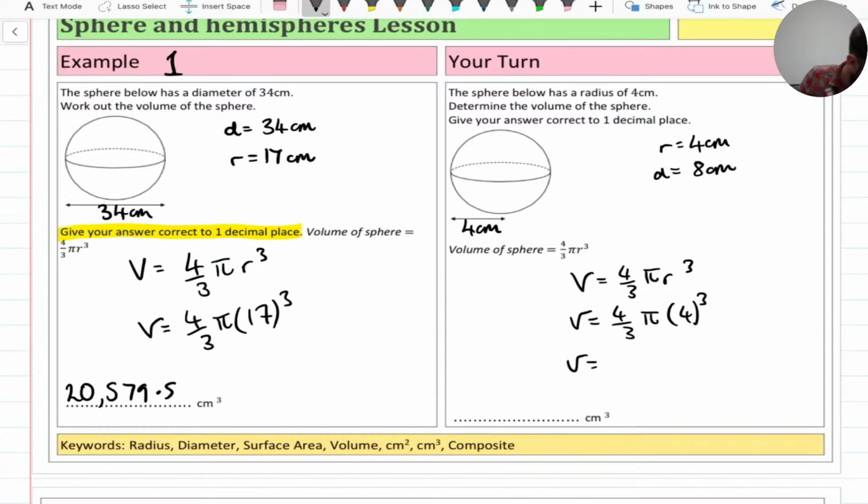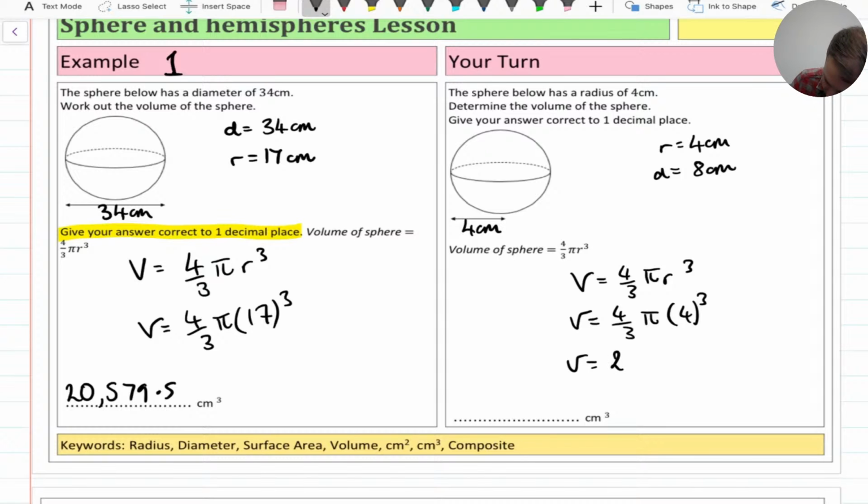So my volume is equal to 4 to the power of 3 times 4 divided by 3 times pi. The question asks for 1 decimal place.